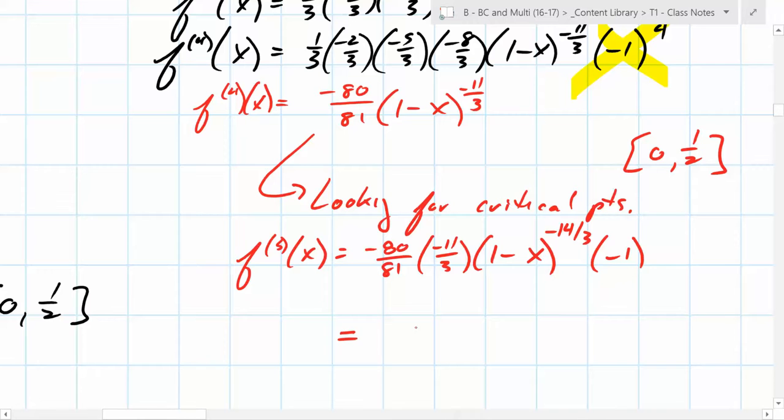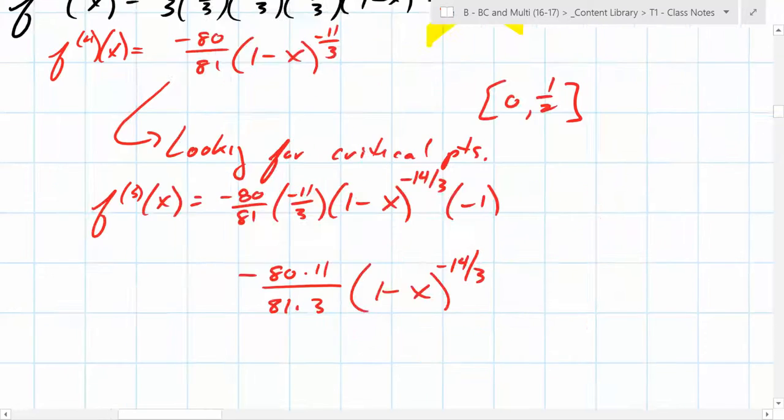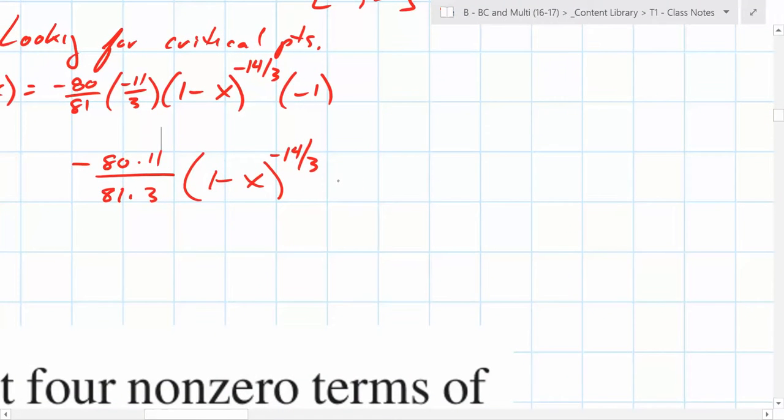So we end up with -80 times 11 over 81 times 3, right? And if we're finding critical points, what do we set this equal to? 0. The only way to make that 0 would be for 1 minus x to the -14 over 3 to be 0, correct? What does a negative power mean, everybody?